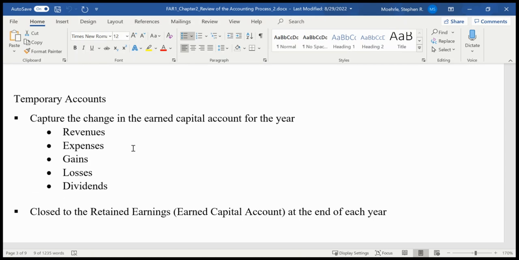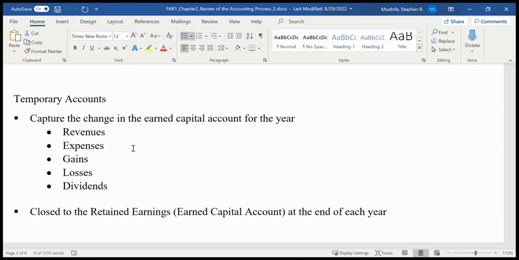So temporary accounts capture the change in the earned capital account for the year. Again, there are temporary revenue accounts, several temporary expense accounts, gains accounts, losses accounts, and dividends accounts. Those are all temporary accounts that will be closed to retained earnings.